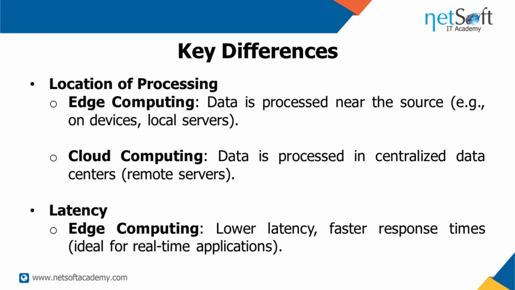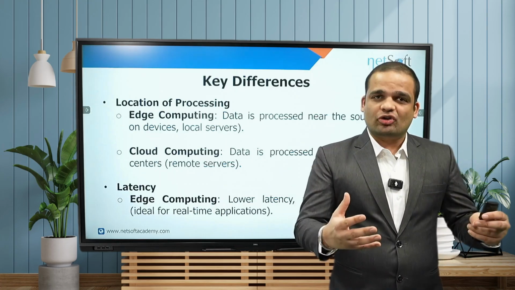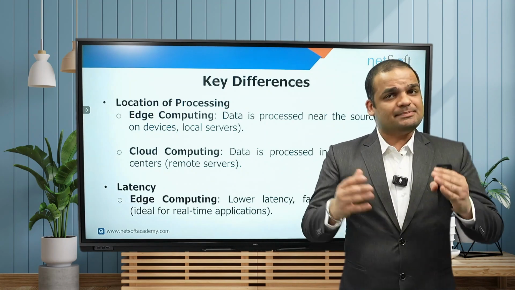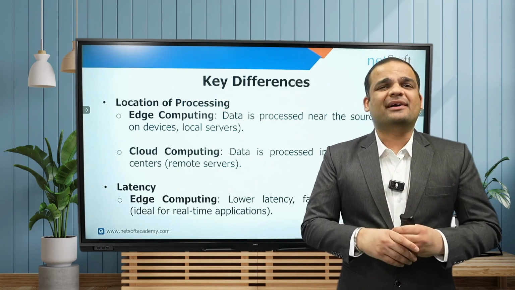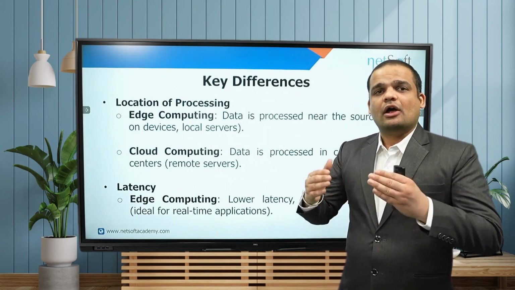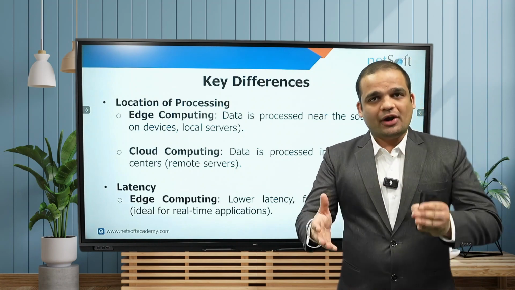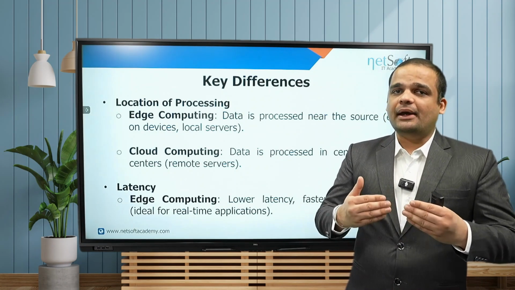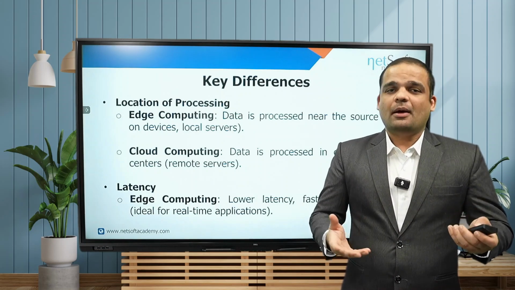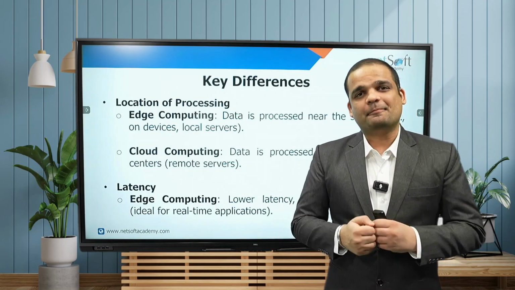This means faster response times because data doesn't have to travel far. But in the case of cloud computing, you're processing the data in large centralized data centers. It's powerful and scalable, but since data has to travel from the data center to your house, it can be a bit slower. But they both have their use cases.